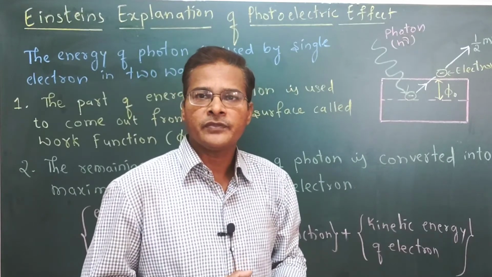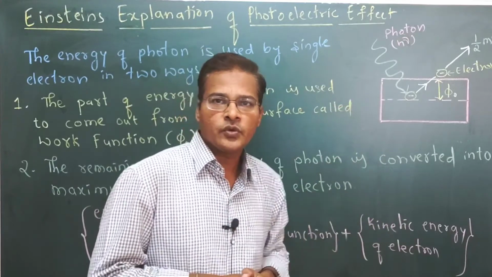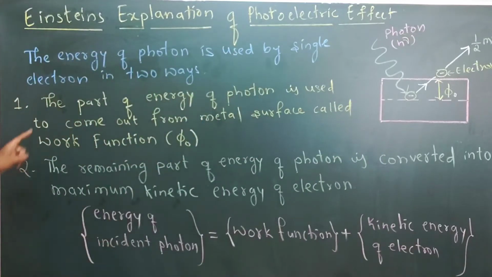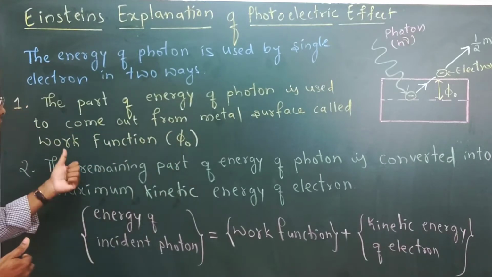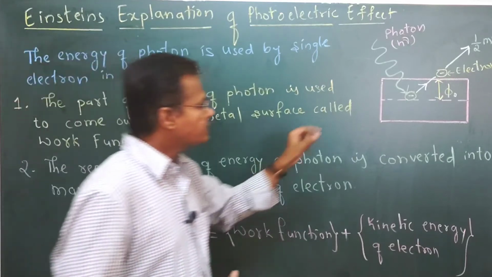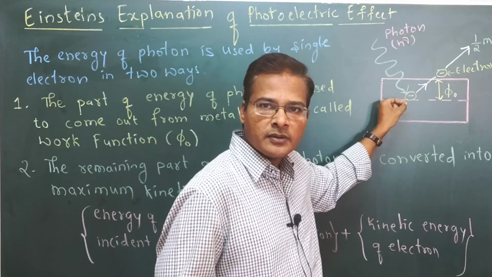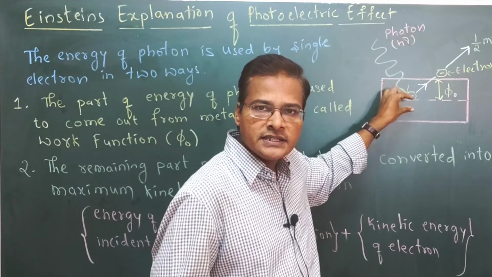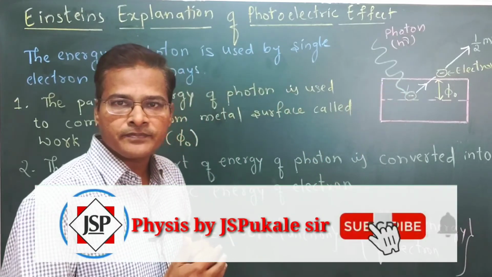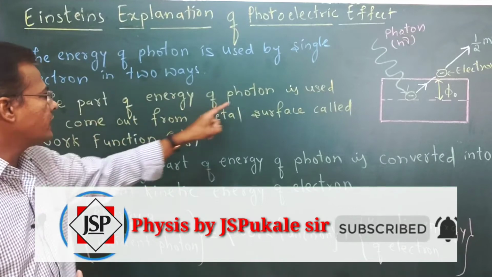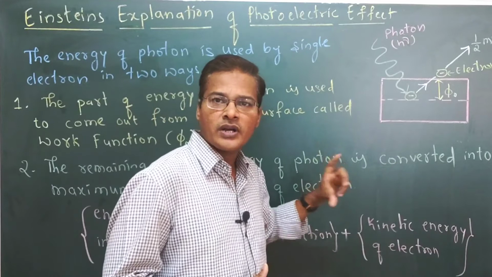After absorbing, the energy is taken in two parts. One part of the photon's energy is used to come out from the metal surface, which is called the work function. When the energy is absorbed, it is utilized so that the electron can come out of the surface.